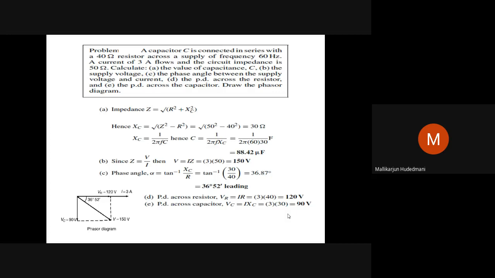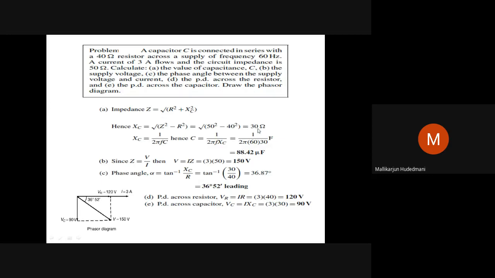It's possible. XC square plus R square under the square root, if I operate, that represents the impedance. Then as Z is given and R is given, the first work is to take out XC. Can you see there? XC equals Z square minus R square under a root, calculated as 30.